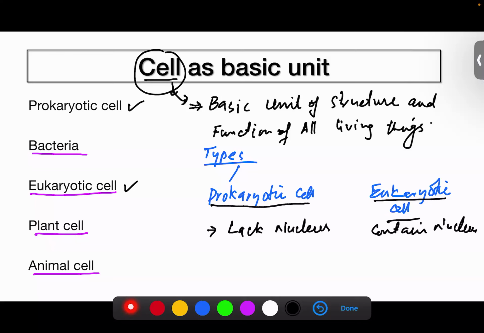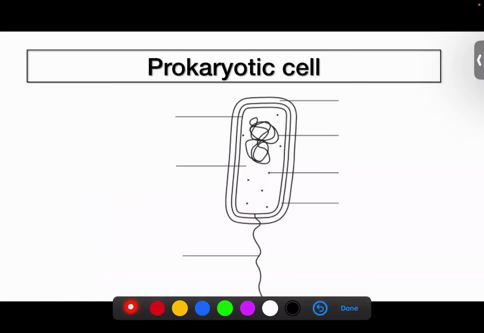We will discuss the other features that differ in both prokaryotic and eukaryotic cells. But before that, let's see an example of a prokaryotic cell, which is a bacterium. So we'll discuss the structure of a bacterial cell first. So here we have a bacterial cell drawn in this drawing.